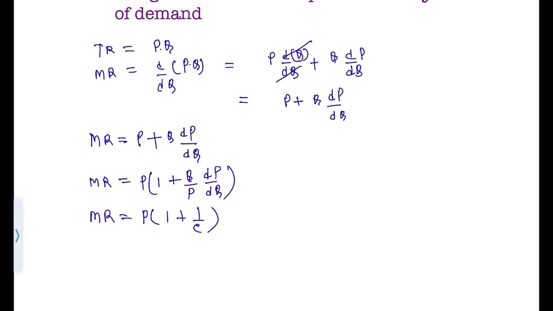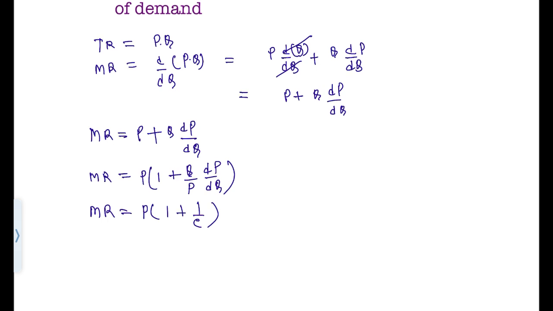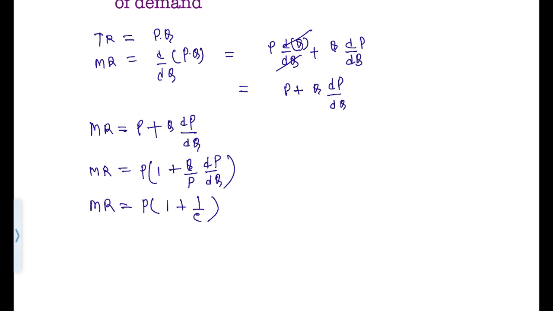This is very simple. It shows the relationship between the elasticity of demand and marginal revenue. If the elasticity is infinite, as in a perfectly competitive market, then for an individual firm the elasticity of demand is infinite and the demand curve is horizontal.